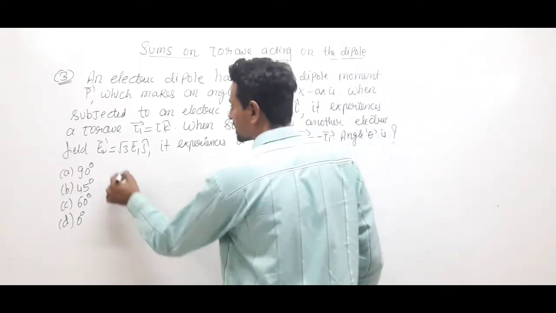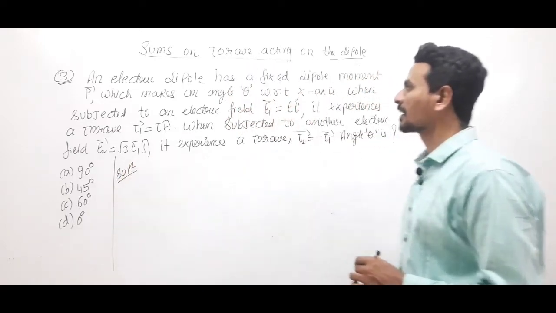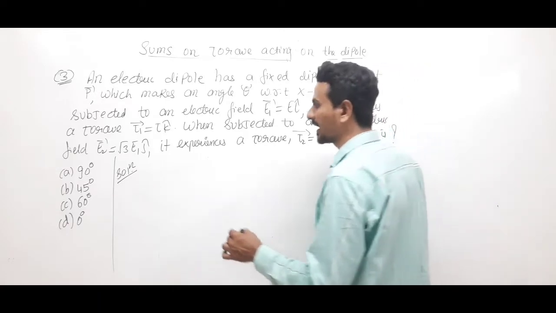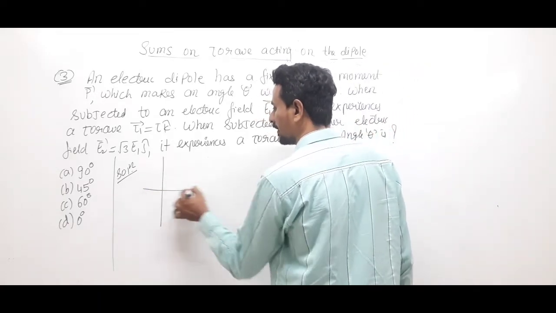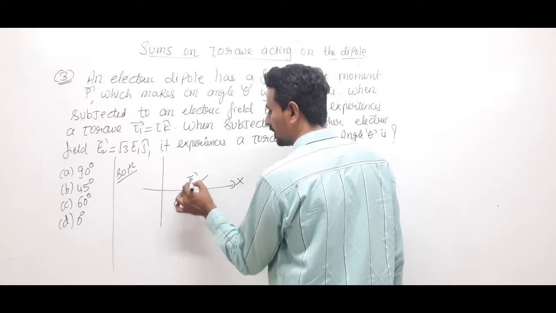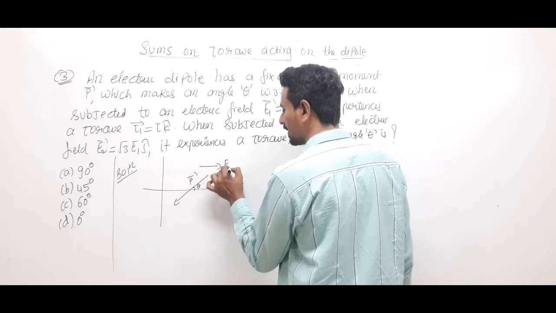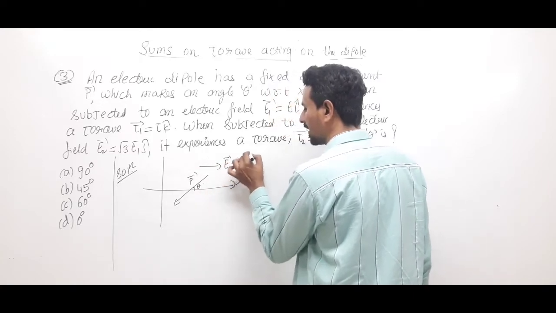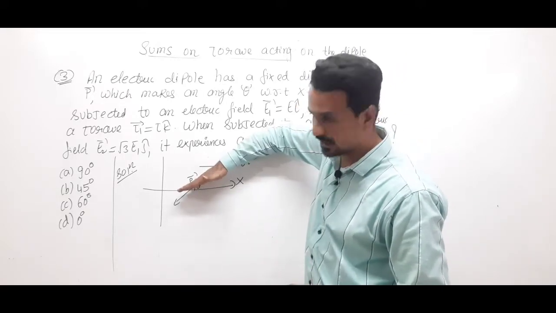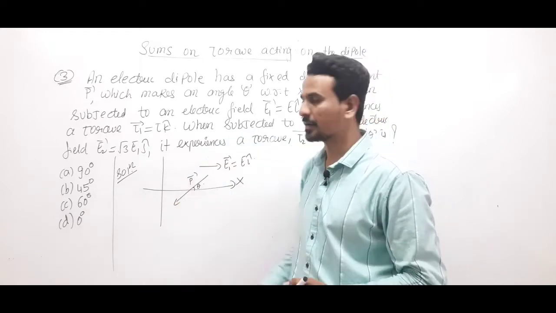Fine, the question says there are two electric fields. The first electric field is along the x direction and the other is along the y direction. So this is your dipole moment P, this is your angle theta. The first electric field is along this direction, E1 equals E into î, right? So torque is P cross E, so the torque will be along the Z direction.